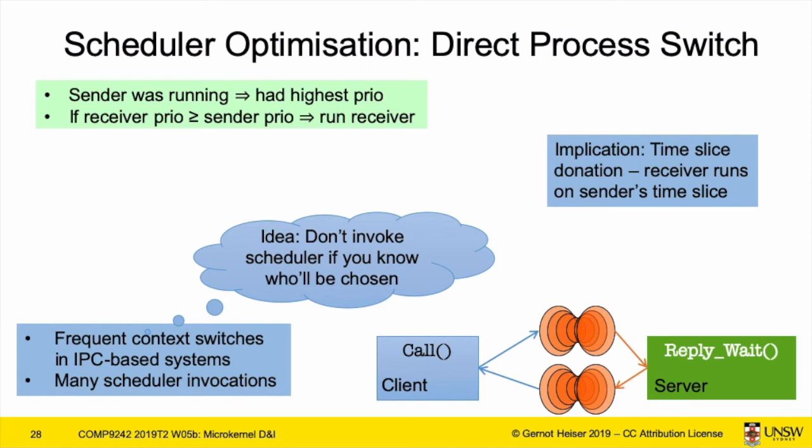Now, what could possibly go wrong with time slice donation? Again, think real time. What does it have to do with deadlines? Donating your time slice, your deadline is extended or not. It's going to happen later on, right?